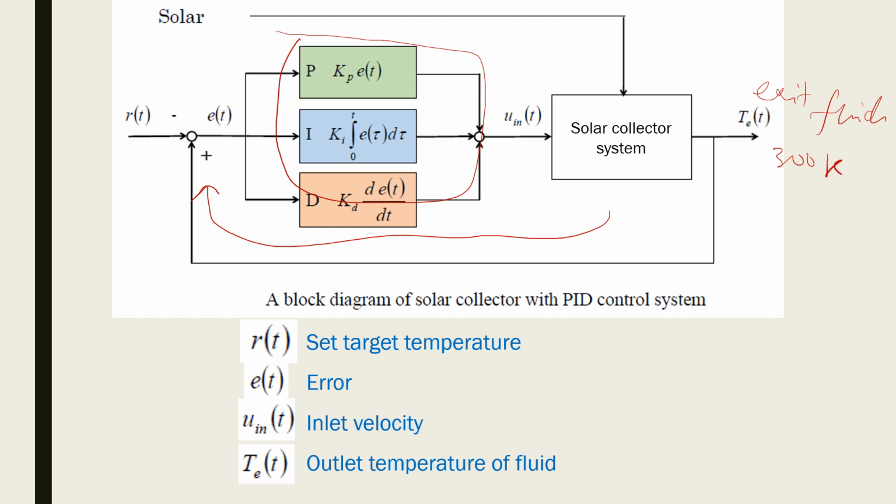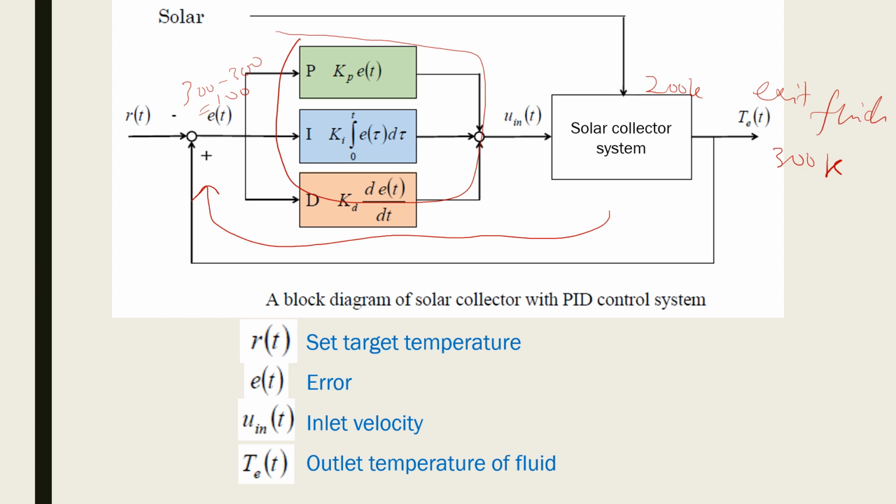However, the solar collector system outputs maybe 200 Kelvin. So it will give the error here 300 minus 200, which is 100, and into the PID controller. So the PID controller will do something to increase the temperature to the desired 300K temperature.